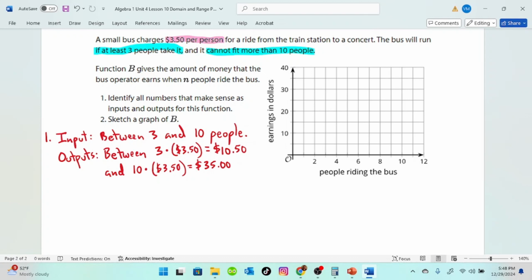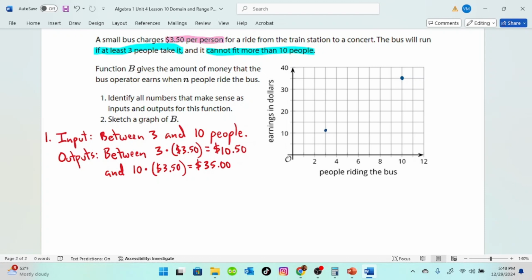So that first dot is going to have to go at 3 people, $10.50. Now we know that our maximum was going to be at 10 people, and that was going to be $35.